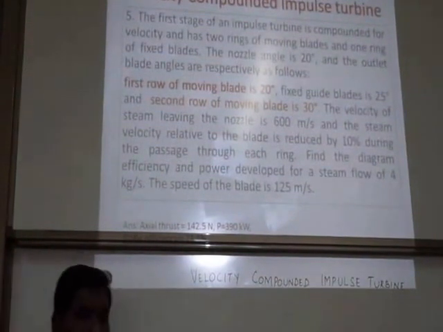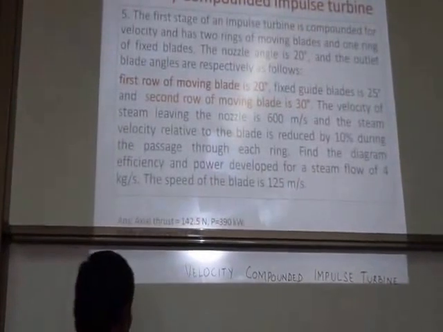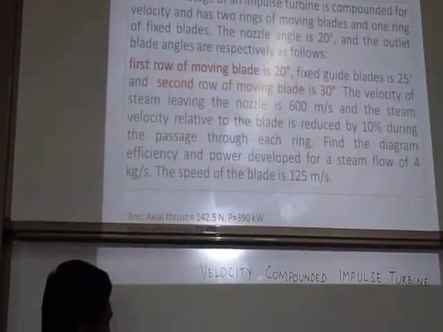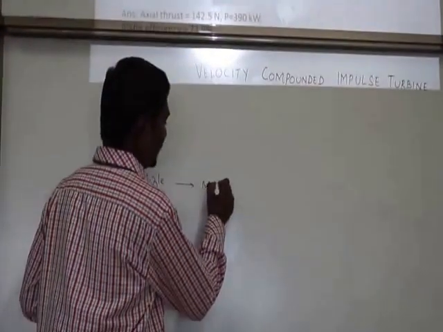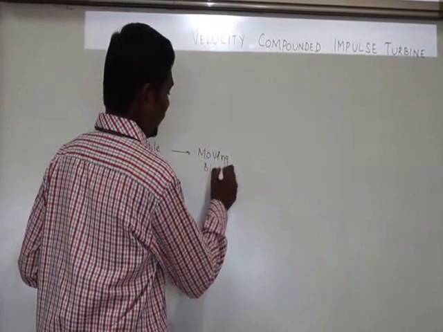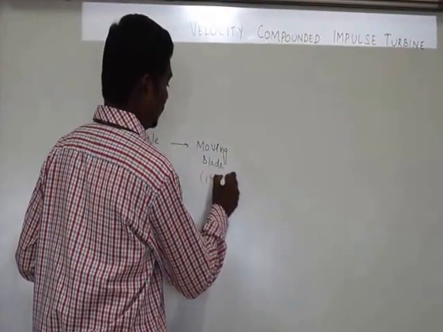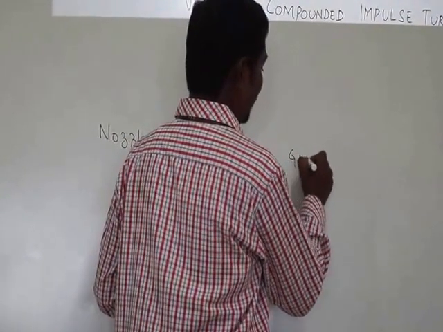In the case of a velocity compounded impulse turbine, normally you will have a nozzle followed by a set of moving blades. This is the first row of moving blades, and then you will have a guide blade.